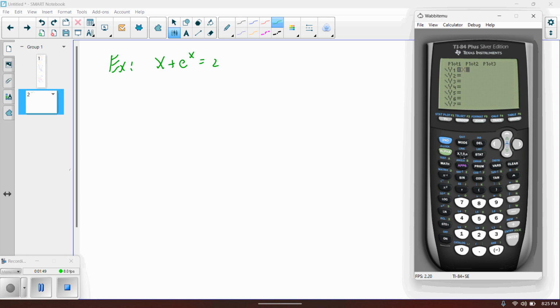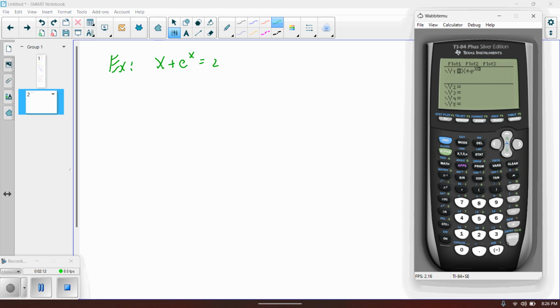So it'll be x, and then we're going to add e to the x. Now the e button is just above, it's in blue, it's just above where it says capital LN on the left-hand side, third button up from the bottom. So it'll be second e, and then you're going to type in x again. Okay, so that is your first function.